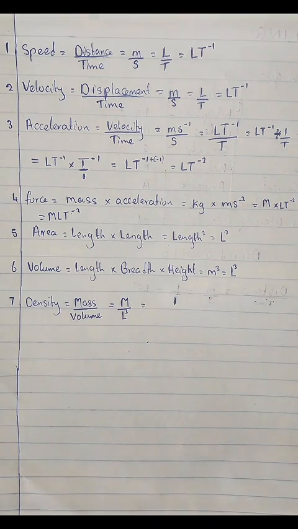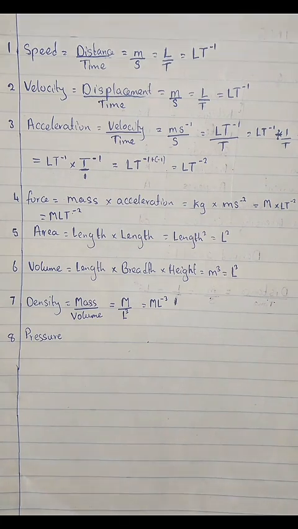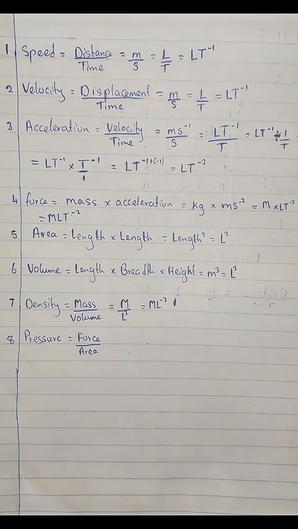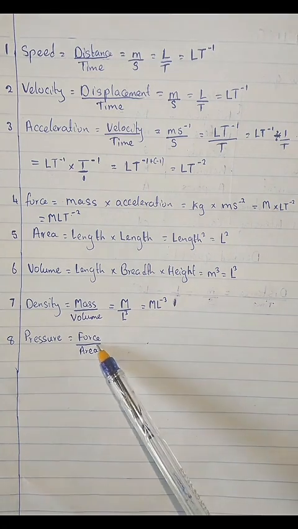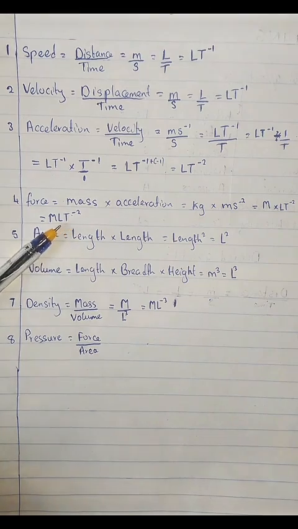So the next one we have is for pressure. So first of all, what is the formula for pressure? We know that pressure equals force over area. So since pressure equals force over area, we already dimensioned force, where we say force is MLT to the power of -2, that is ML per T square, and we had area as length square.